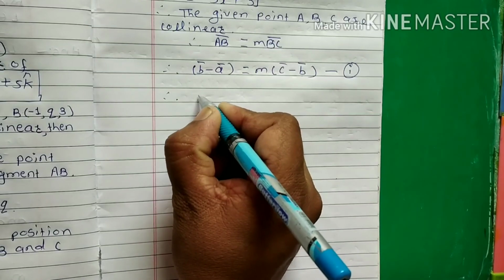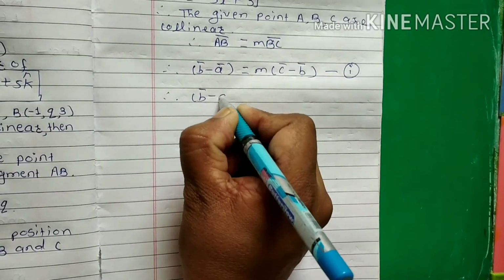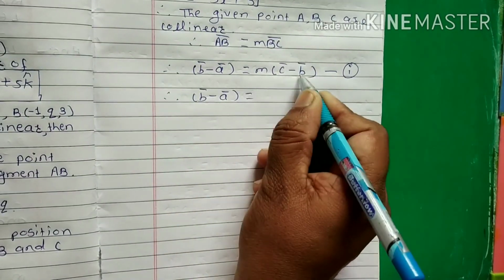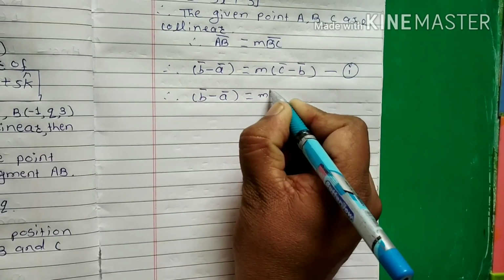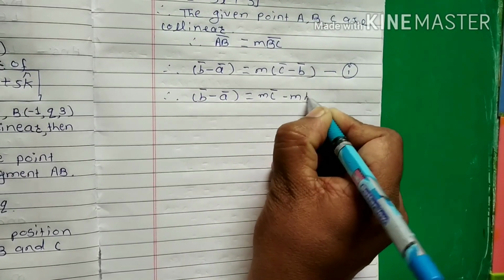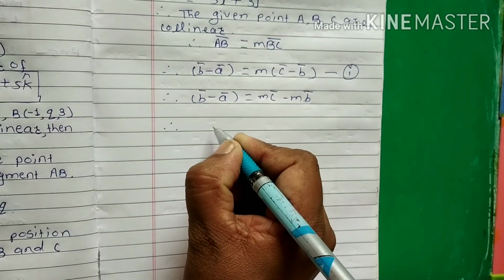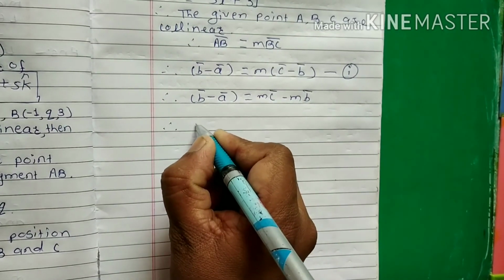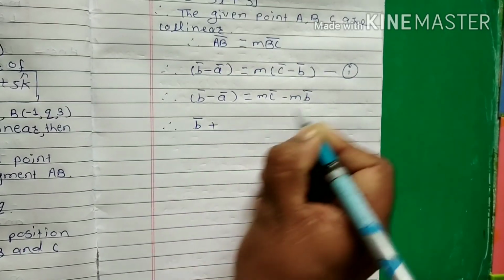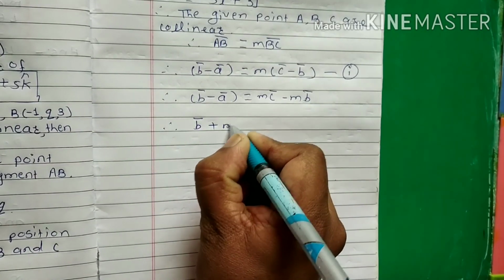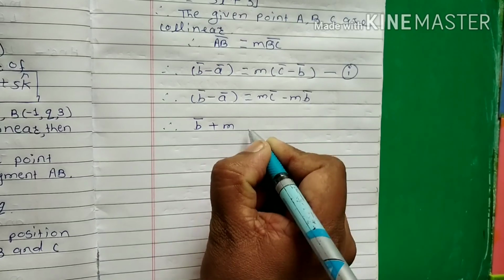Then we write B bar minus A bar is equal to M into C bar minus B bar, we get MC bar minus MB bar. Then rearrange the above equation and we get B bar plus MB bar, changing the side, minus MB bar becomes plus MB bar here.